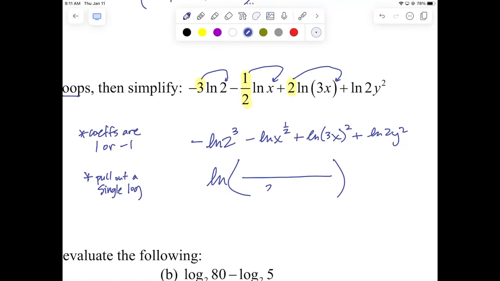So in the bottom, I'm going to have a 2 cubed and an x to the 1/2, and they're multiplied in the bottom. And in the top, I'm going to have a 3x quantity squared and a 2y squared, like that. And then we simplify the argument.